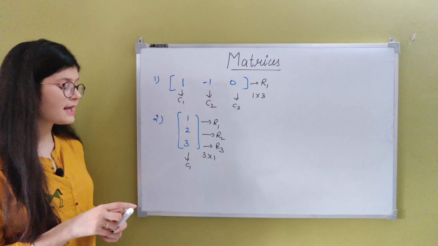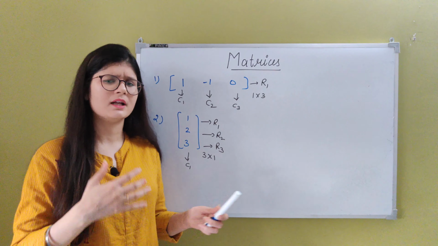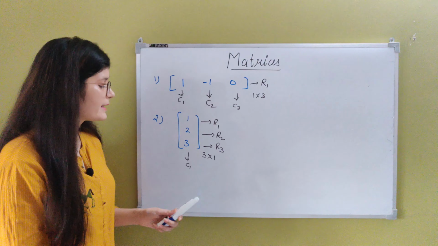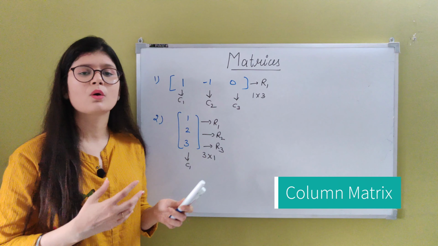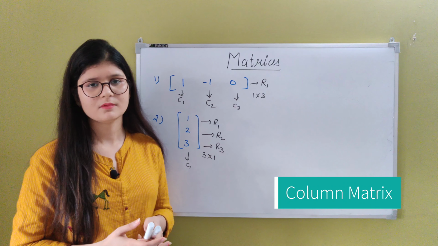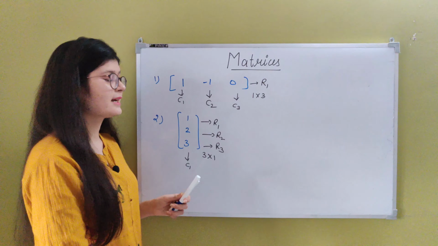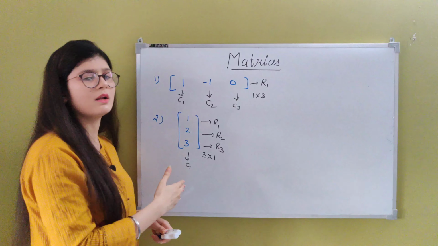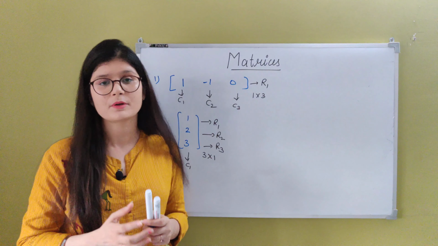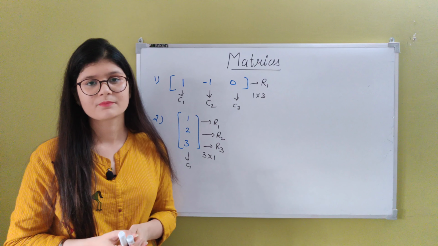And when the matrix has only 1 column and the number of rows varies, then we call it a column matrix. When it has only 1 row, it is known as a row matrix, and when it has one column, it is known as a column matrix.